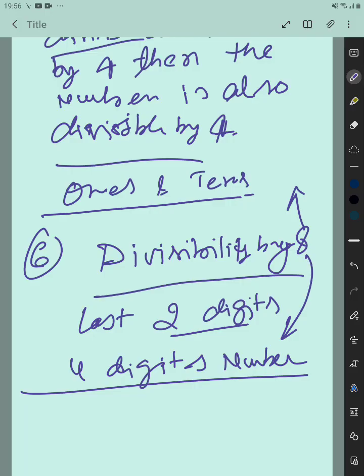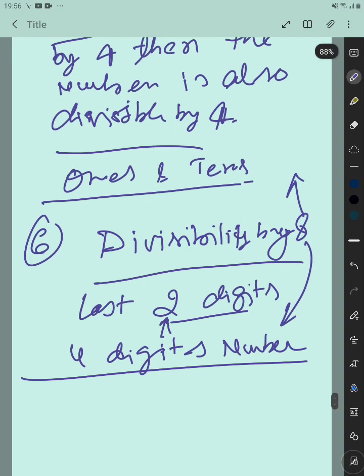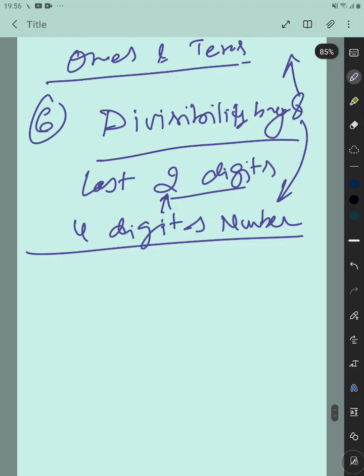So we need to explain here that if a number has four or more digits, then it is divisible by 8 only if its last three digits are divisible by 8. In 4 we were talking about the last two digits, but with 8 we are talking about four digit or longer numbers, whose last three digits matter.